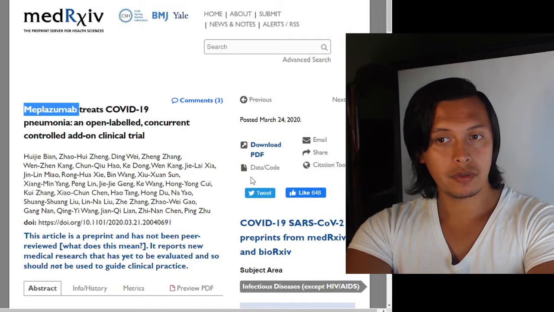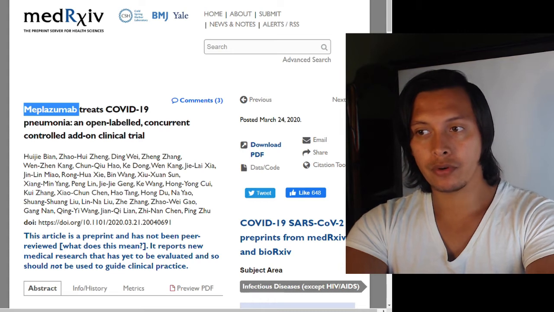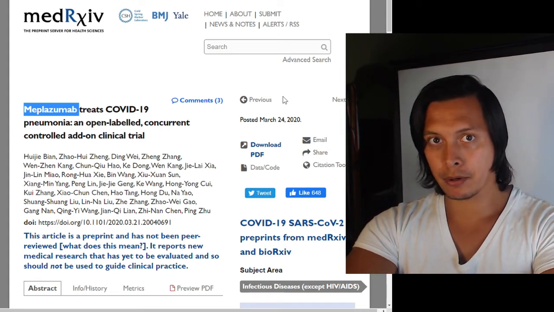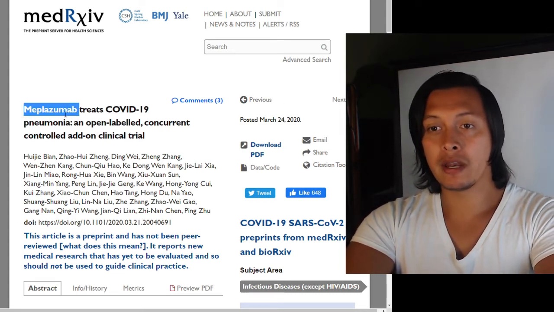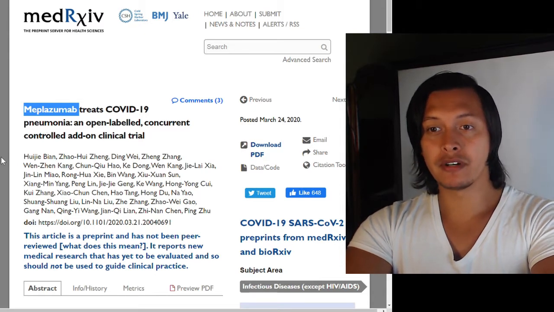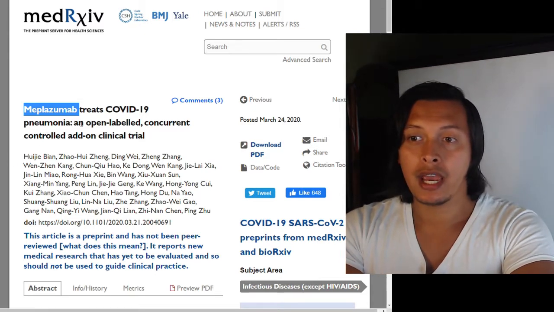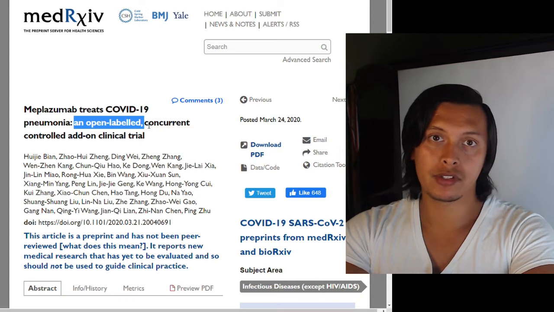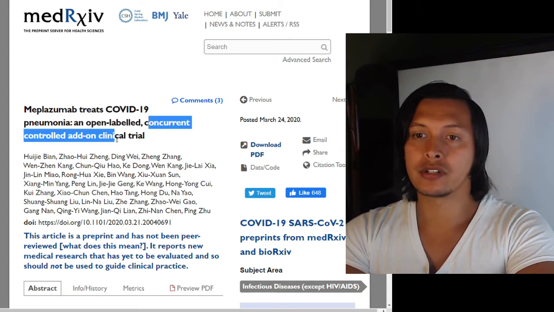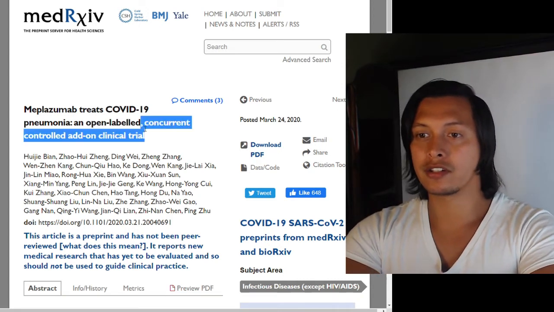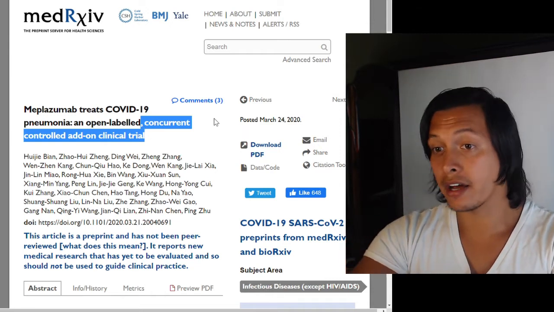So here is another, also not peer-reviewed, paper that showed that meplazumab treats COVID-19 pneumonia. It was open-label, so it was not double-blind, and it was a concurrent controlled add-on clinical trial.